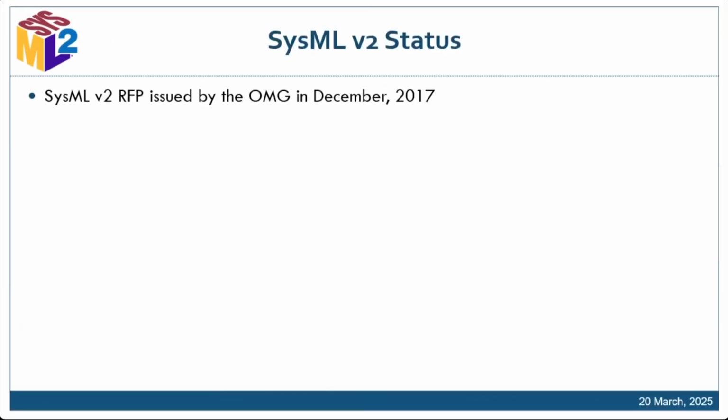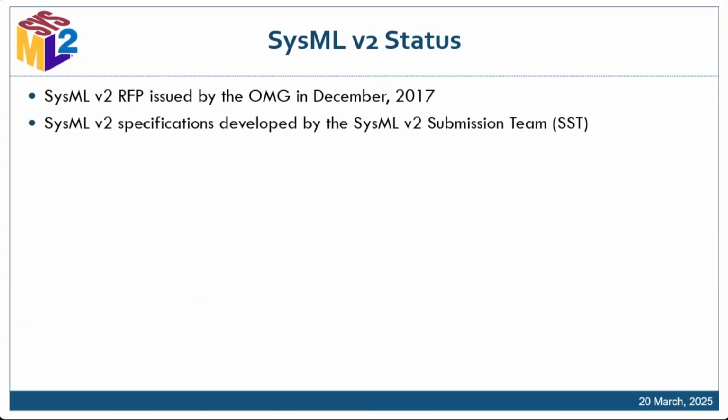So, we started the RFP, I hate to say it, 7.25 years ago. The RFP was issued through the OMG on December 7th of 2017. So it's been a while. And at that meeting on December 7th, is Ed here?